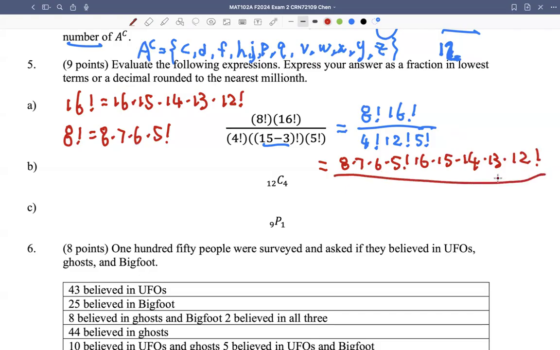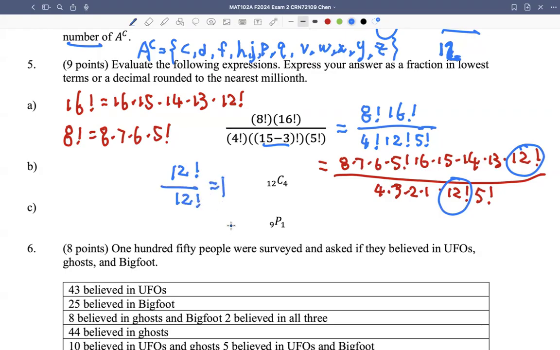Then divided by 4 factorial. Well, 4 is 4 times 3 times 2 times 1. Then I keep 12 factorial, then 5 factorial. Then perform cancellation. In the numerator I have 12 factorial, and 12 factorial in the denominator, because 12 factorial divided by 12 factorial is 1.